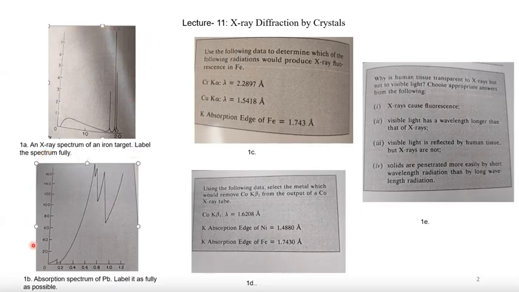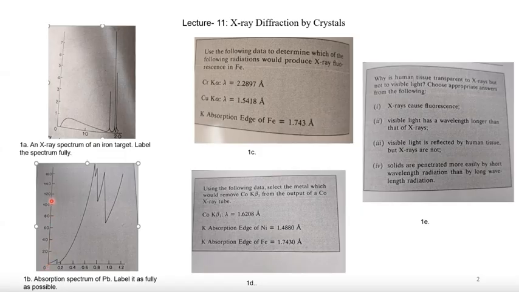Next, this is another spectrum. It's called the absorption spectrum of lead. And we are supposed to, again, label this as fully as possible. We come to what is the x-axis and what is the y-axis. You remember we call it the mass absorption coefficient.